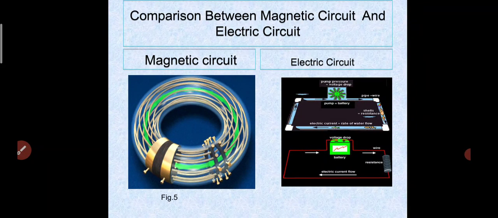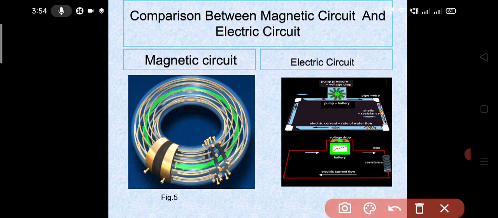So the next topic is comparison between magnetic circuit and electric circuit. This is an important topic. This is the magnetic circuit.